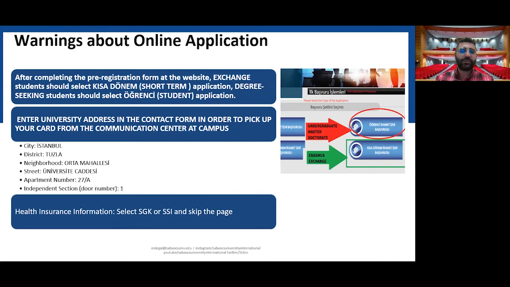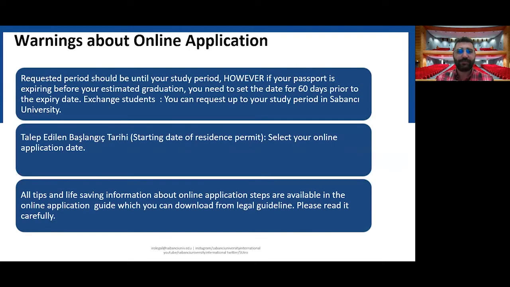And for the health insurance part, you should just select SGK or SSI, which is general health insurance, and skip that page. You will understand when you download the online application manual; you will see all the steps I already mentioned in the online application guideline. If you didn't receive any email from me, from Legal, just send me another email. I will send you the legal guideline again, don't worry.